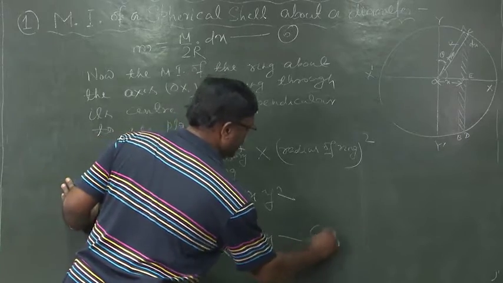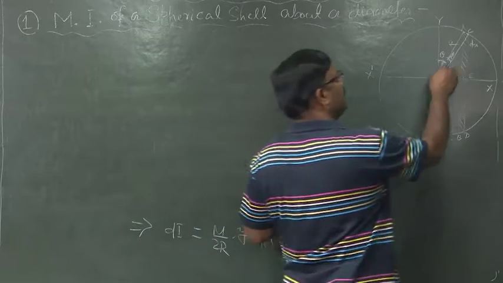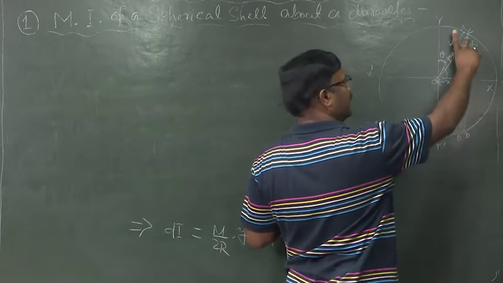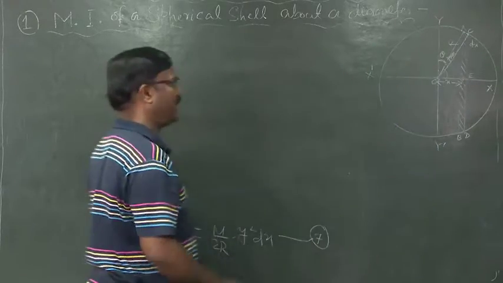This is equation 7. But from the geometry of this figure, we can write y square plus x square is equal to r square.